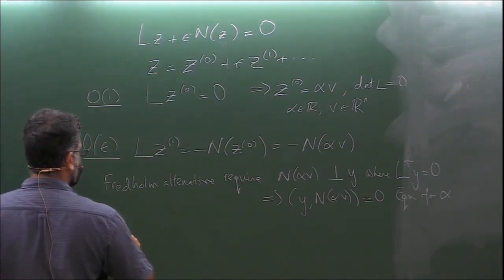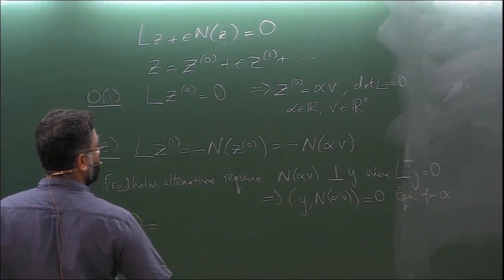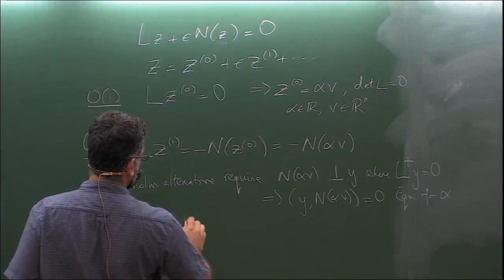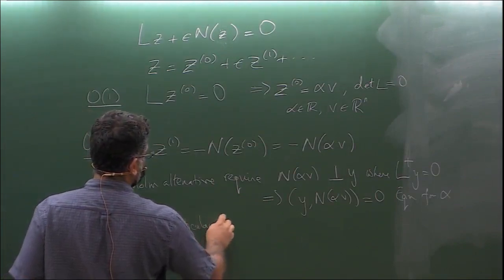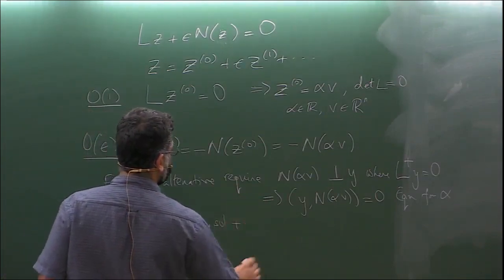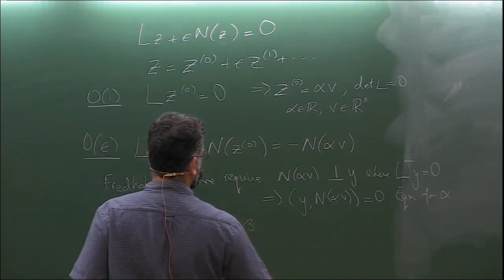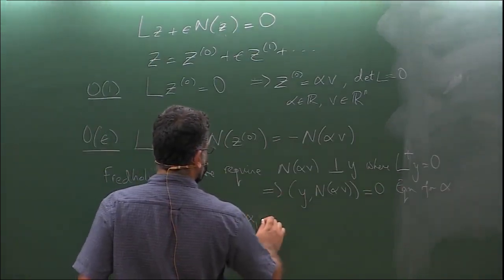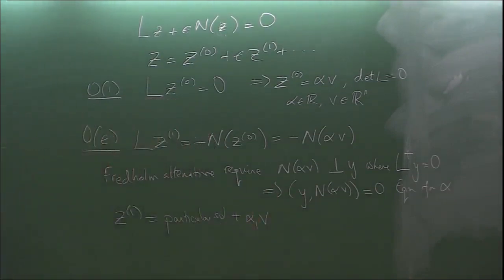This implies that Z1 is going to be some particular solution plus, let's call it alpha 1 times V, where alpha 1 is now an arbitrary parameter, right?